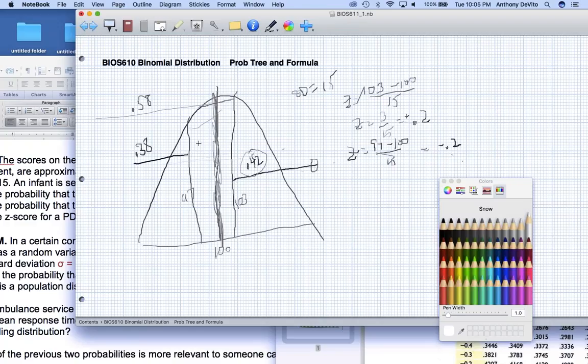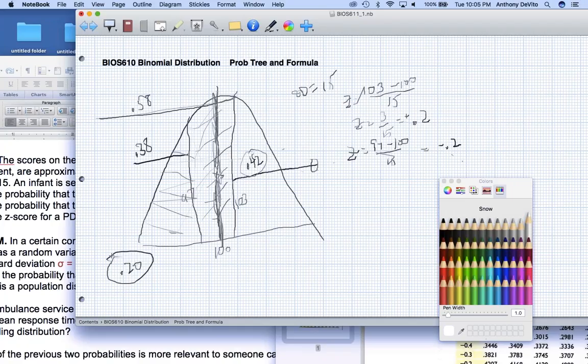Okay, so now I'm interested in the area between 97 and 103, the probability of choosing an infant that has a PDI between 97 and 103. So I need that area. There's a couple of ways that I could do that. One way is I could just say, well, this is 58% from here down. And if I subtract 38%, it leaves me the difference, or in other words, 20%.